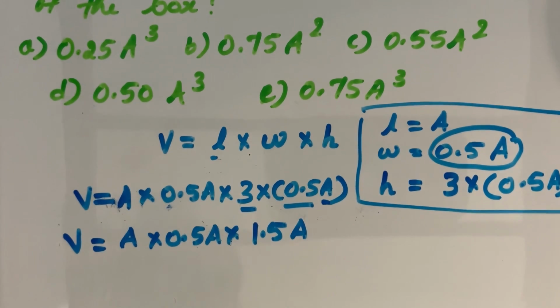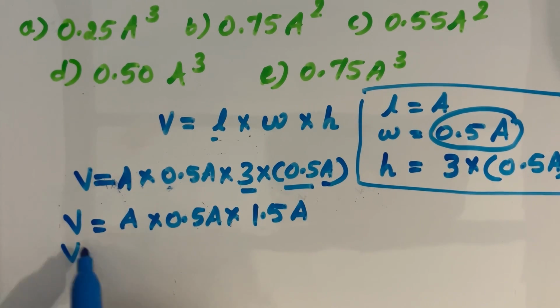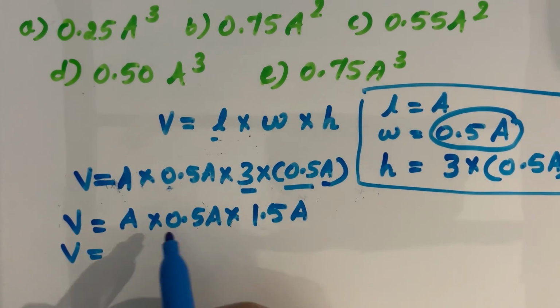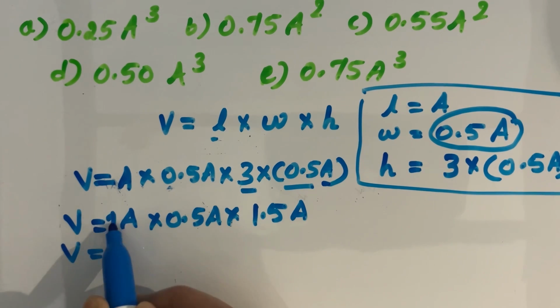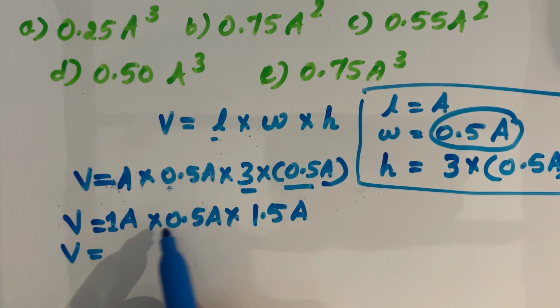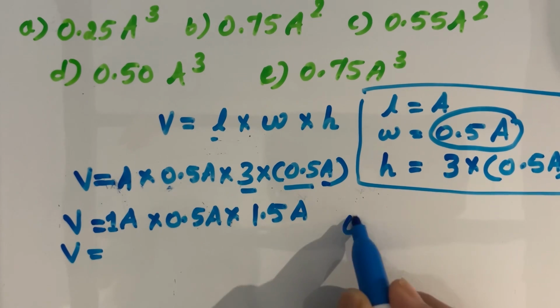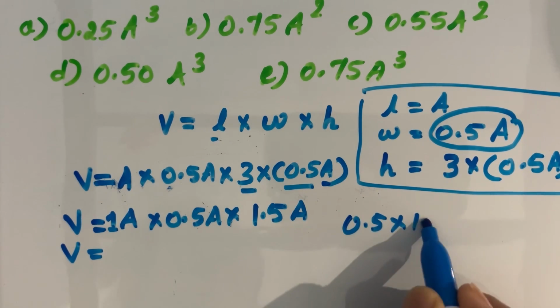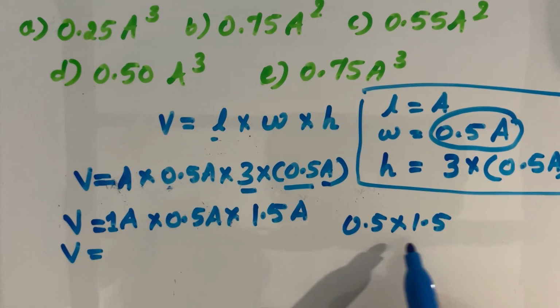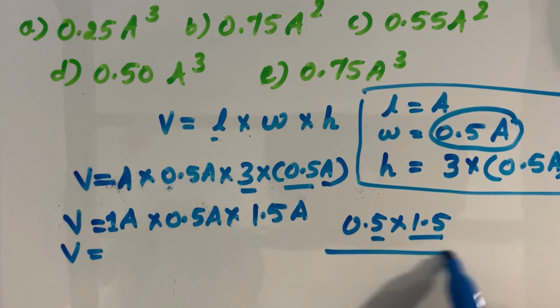Let's simplify further. V is equal to... Coefficient of A is nothing but 1. Nothing given means you have to take it as 1. 1 times 0.5 is 0.5. 0.5 times 1.5. What is 0.5 times 1.5? What is 15 times 5?